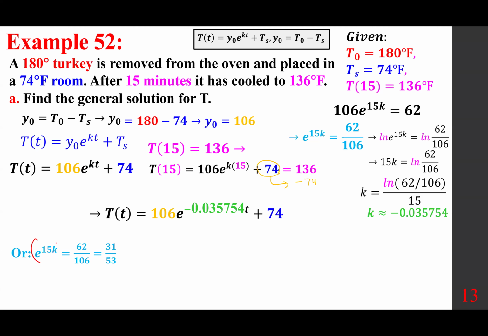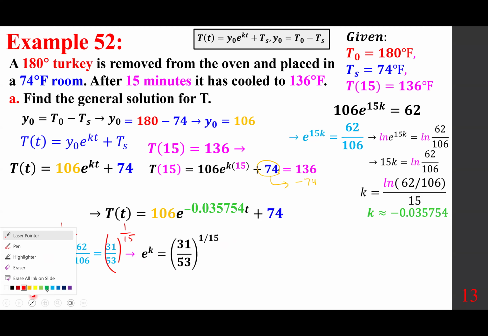If I raise this to the power of 1 over 15, I hope you see it becomes e to the power of k. So if that is e to the power of k, what is e to the power of kt? Raise both sides. Now raise this one to the power of t, this one to the power of t, and this becomes e to the power of kt.